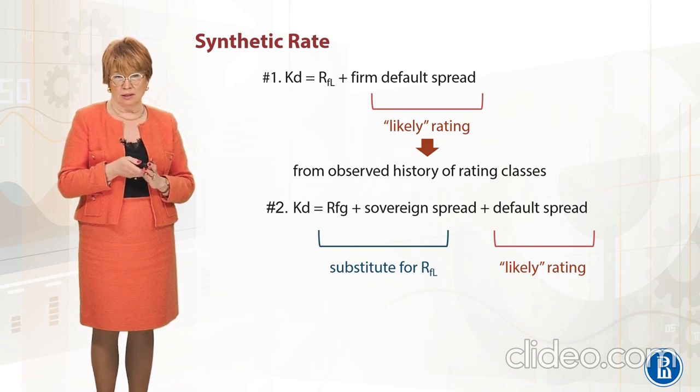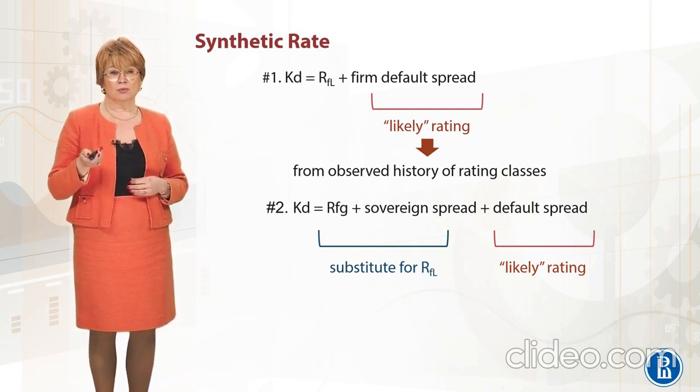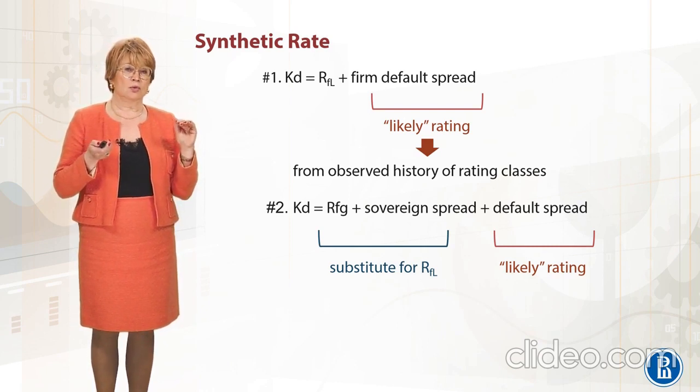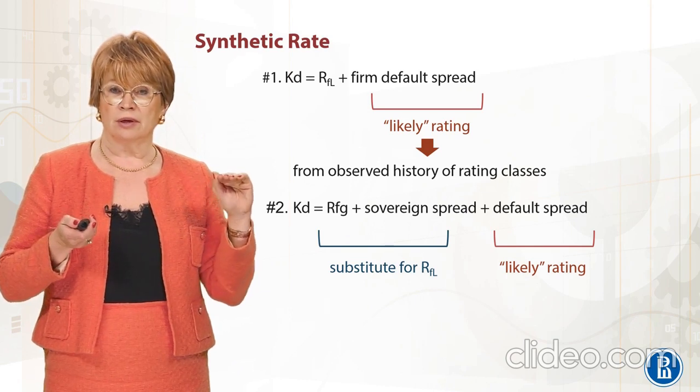How are you going to get it? You are going to get it from the history of rating groups, because for each rating class you can observe some average yield to maturity for corporate bonds of the companies with those credit ratings.